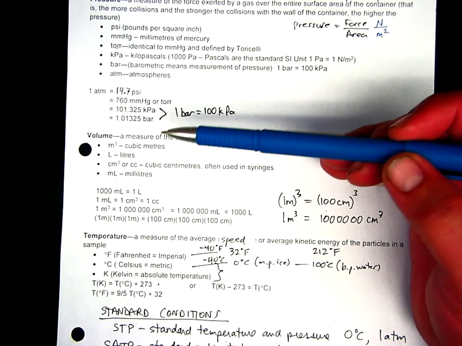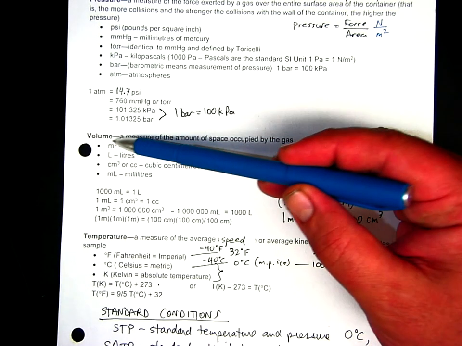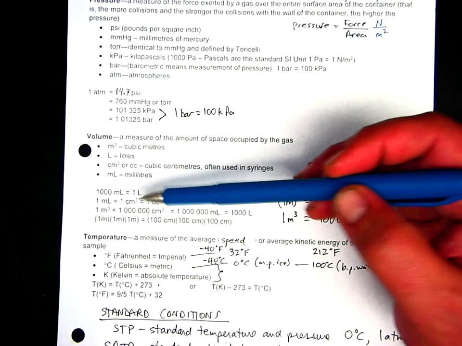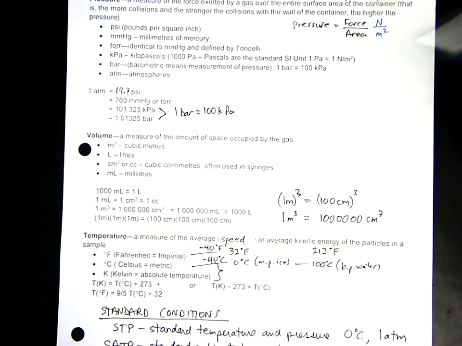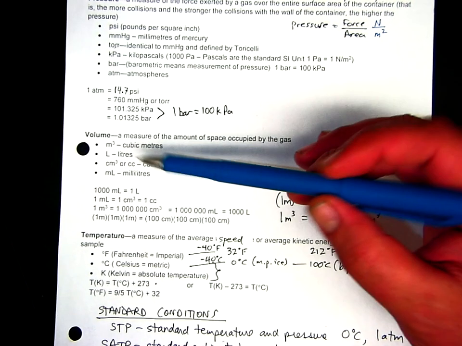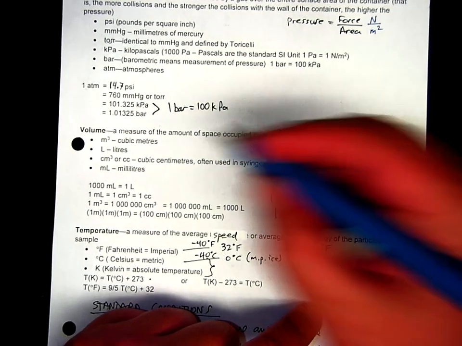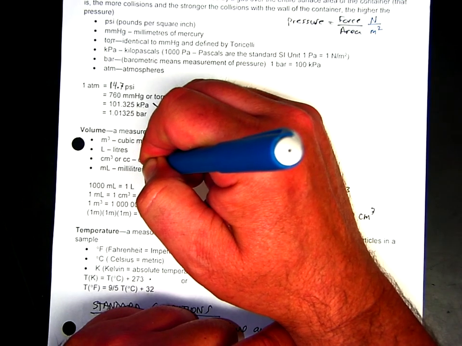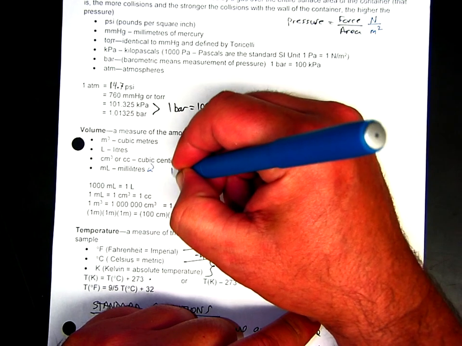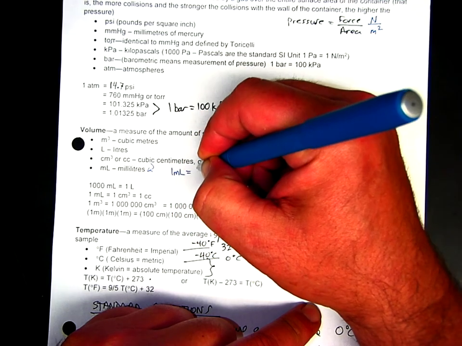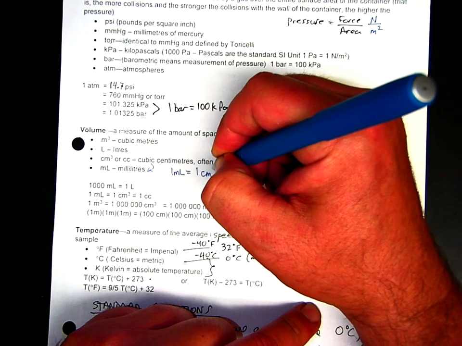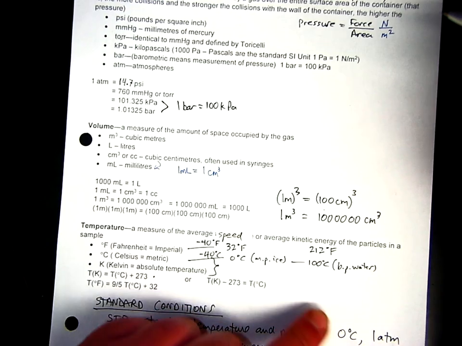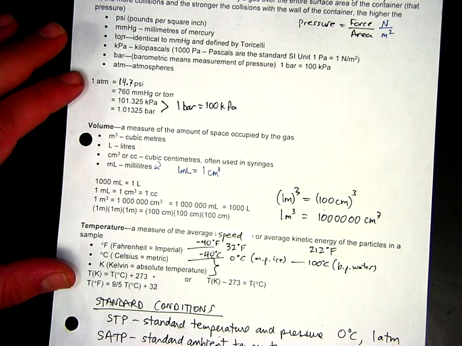We can also measure it in cubic meters, or even cubic centimeters. The nice thing about cubic centimeters is they are directly related to the milliliter. So 1 milliliter is equal to 1 cubic centimeter, or cc, and it's often used in syringes.